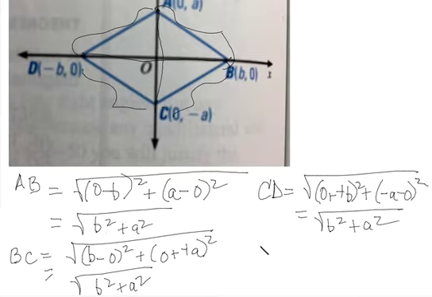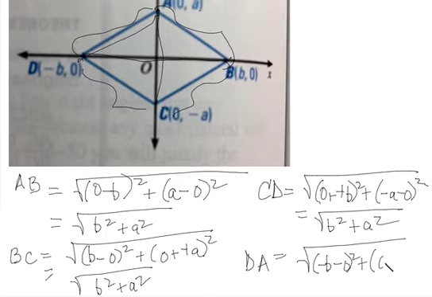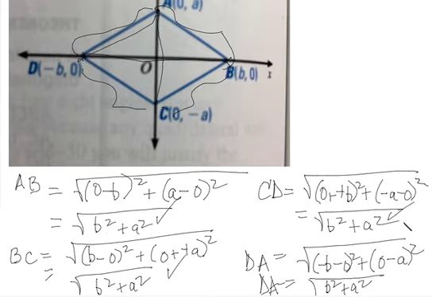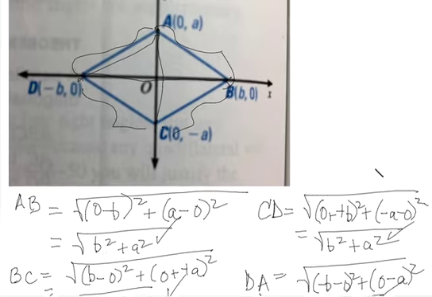And last but not least, D to A, from here to here: negative b minus 0 squared plus 0 minus a squared. Once we do all that, it shakes out to b squared plus a squared. So all of these are the same distances, and by virtue of that, you know you're looking at a rhombus.